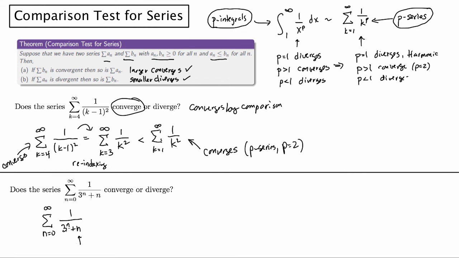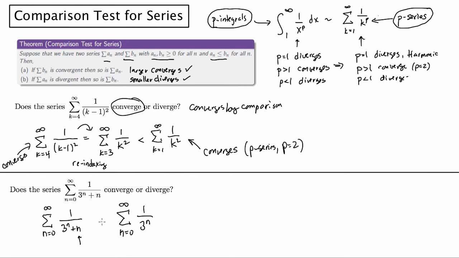No, excuse me. It wouldn't be a p-series. It would be a p-series if you had 1 over n to the p. But I do notice it's 1 over 3 to the n, and that is a geometric series. So if I was to remove the n, I would be looking at the sum n goes from 0 to infinity of 1 over 3 to the n.